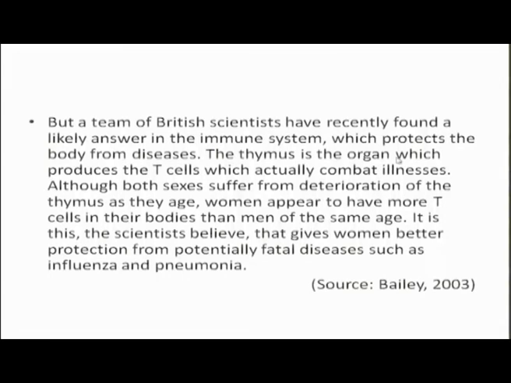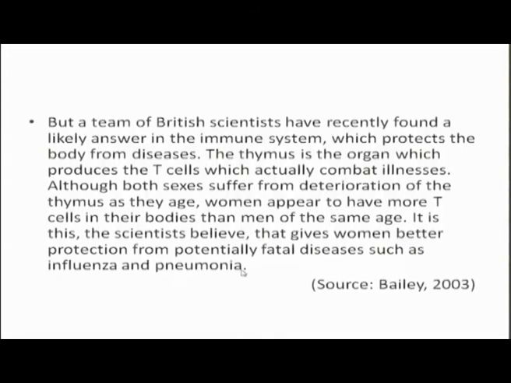The thymus is the organ which produces the T cells which actually combat illnesses. Although both sexes suffer from deterioration of the thymus as they age, women appear to have more T cells in their bodies than men of the same age. It is this, the scientists believe, that gives women better protection from potentially fatal diseases such as influenza and pneumonia.